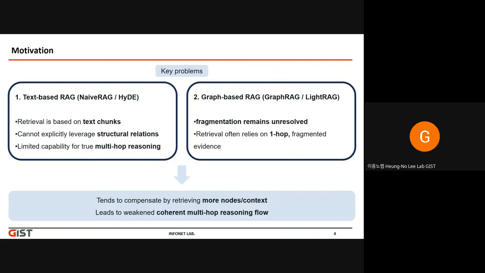As a result, it has a limited ability to support multi-hop reasoning, since the evidence is often fragmented and lacks an explicit relational backbone. To address this, graph-based RAG has been promoted as a solution, but it also has a problem: fragmentation remains unresolved.